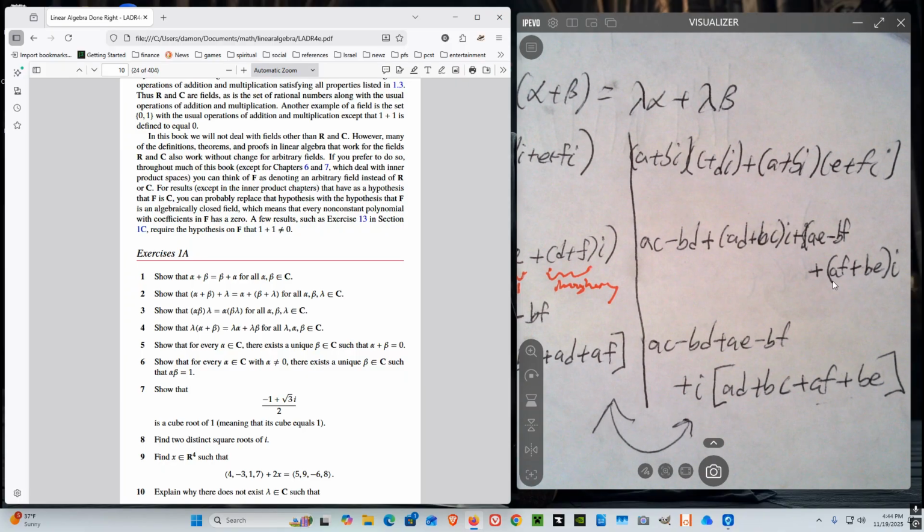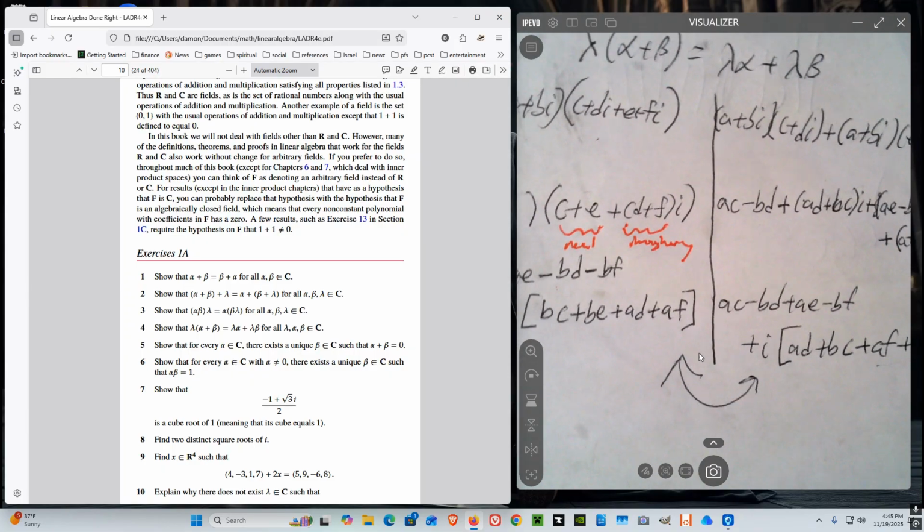And then I used addition for complex numbers to combine them together, like the ac minus bd combines with the ae minus bf. Because to add two complex numbers, you add the real parts and the imaginary parts. And at that point, you're combining real numbers, and so the real number properties hold.